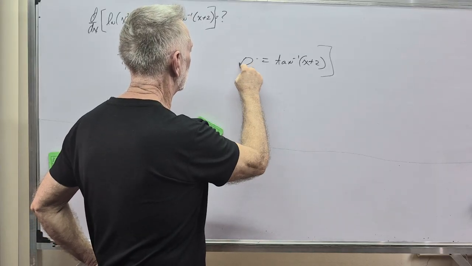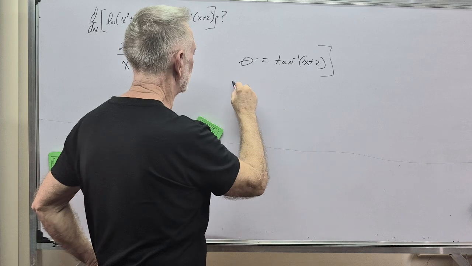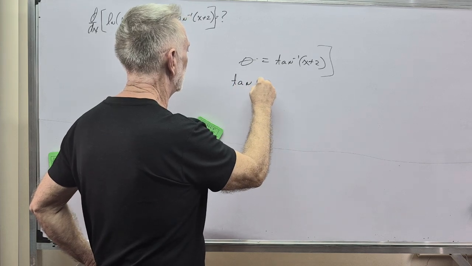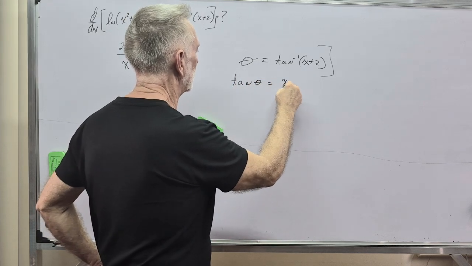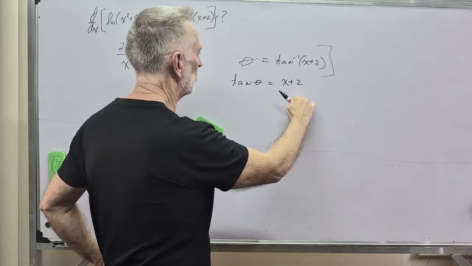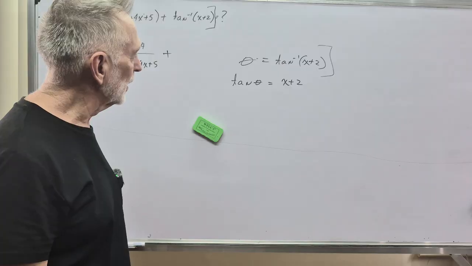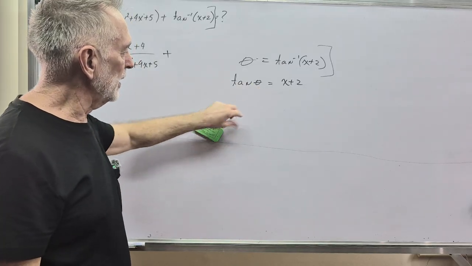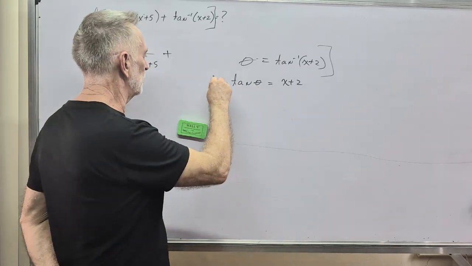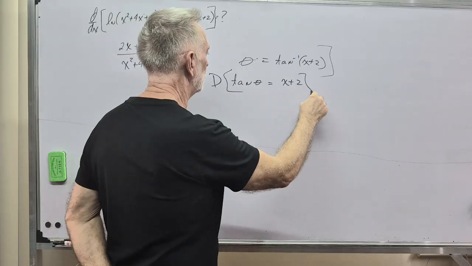All right, this implies, go back to this theta. This implies that tangent of theta equals x plus 2 over 1. That's what that implies. Now I can get a d theta if I just take the derivative of this. So I'm going to take the derivative of both sides.